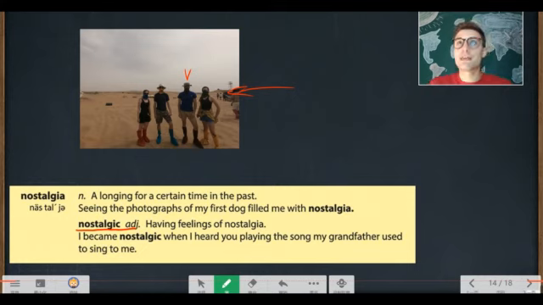Oh, I feel nostalgic. I became nostalgic when I heard you playing the song my grandfather used to sing to me. So some songs can make you feel nostalgic, longing for a time in the past.